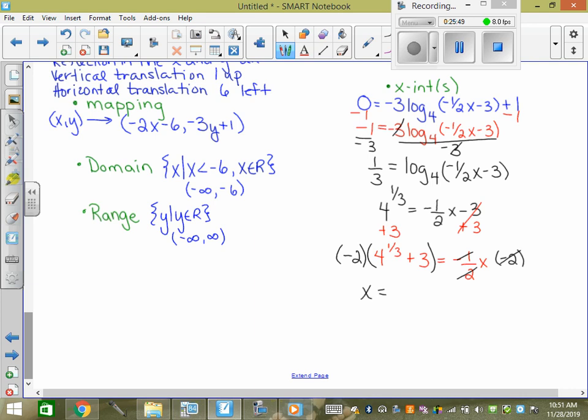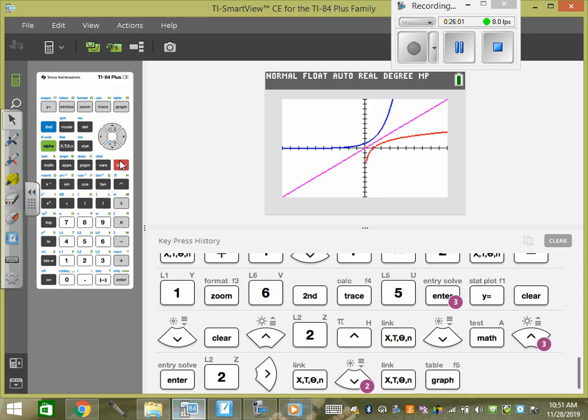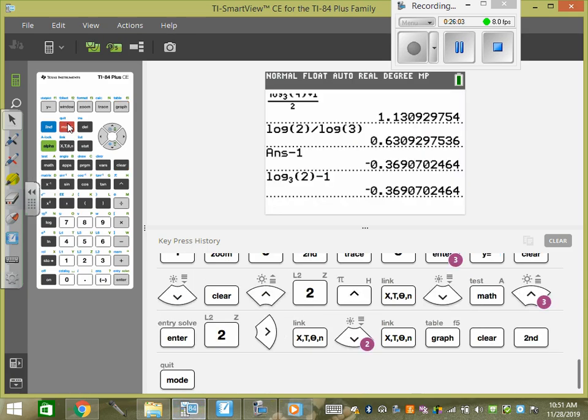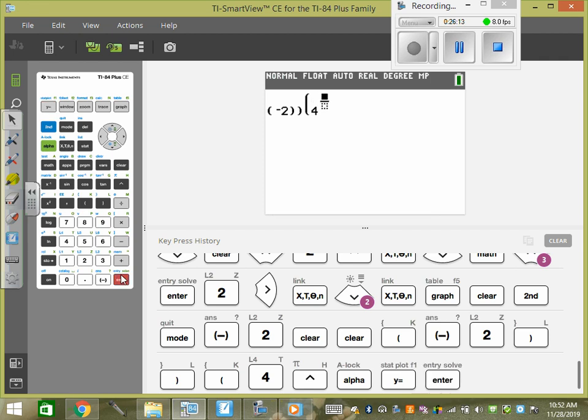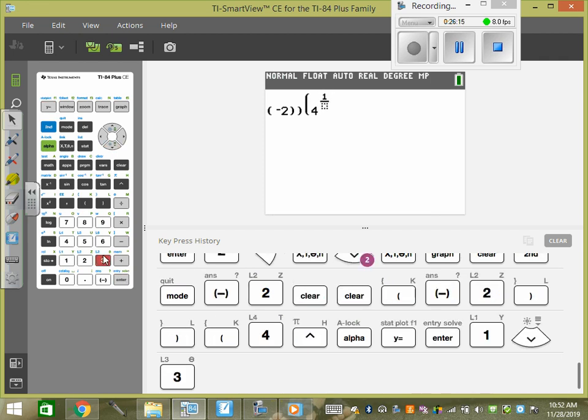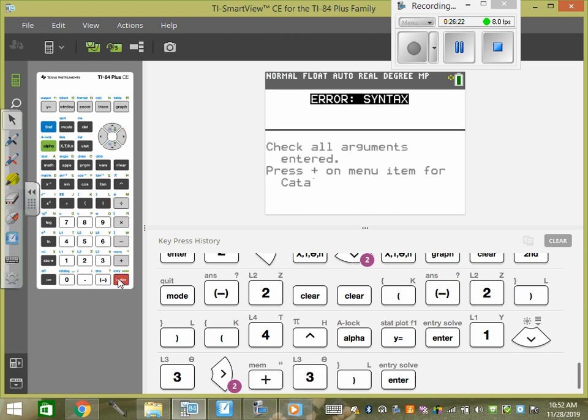So x equals negative 2, bracket 4 to the power of 1/3, plus 3. So I like making it look exactly the same.